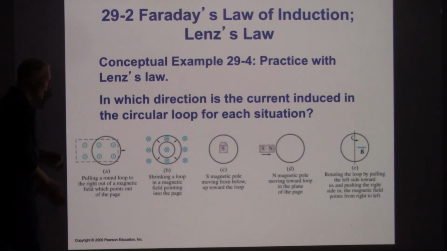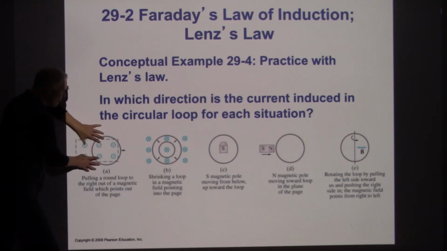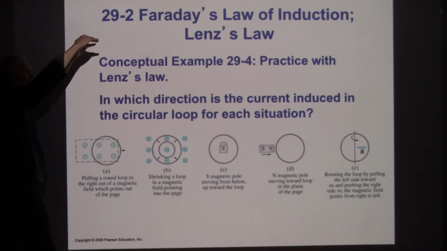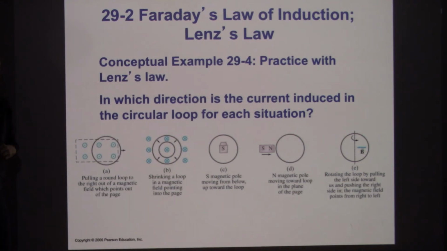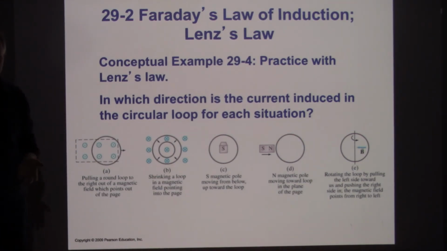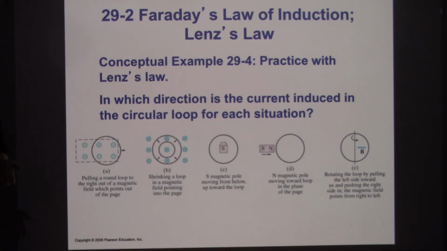With that definition, the flux is positive, but as I pull this out, it's dropping. Now, if the flux is dropping, then its derivative is negative, and since there's a minus sign in Faraday's law, a negative flux variation creates an EMF in the positive direction.